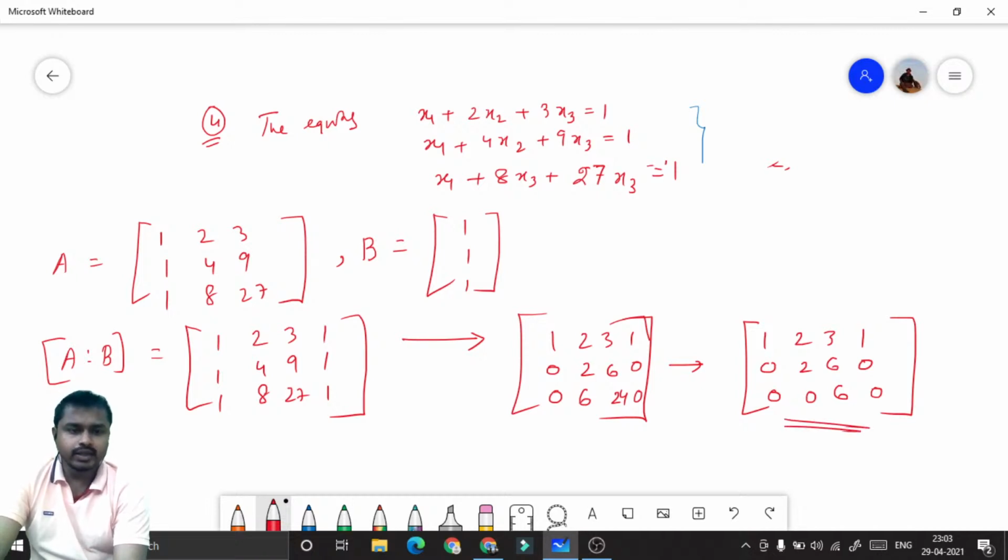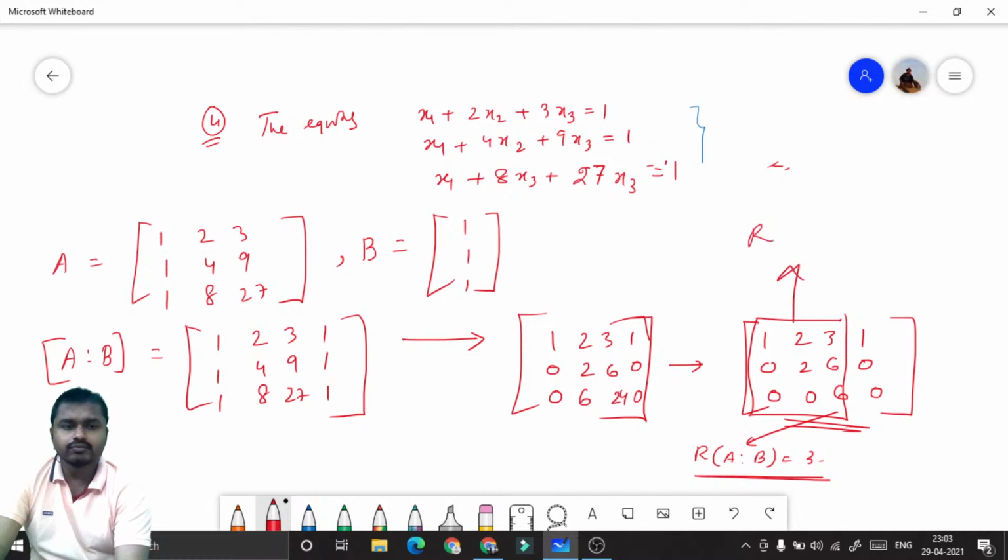So from here you can immediately conclude that the rank of the augmented matrix is 3. As well, if you consider this portion only, the rank of A is 3. So both of them are equal to 3, and 3 is nothing but the dimension of this particular space.